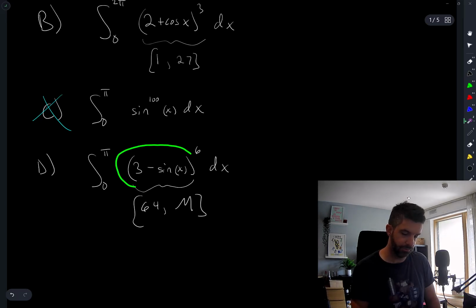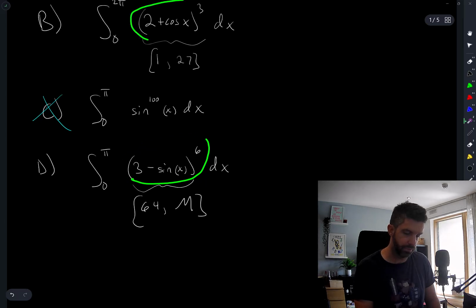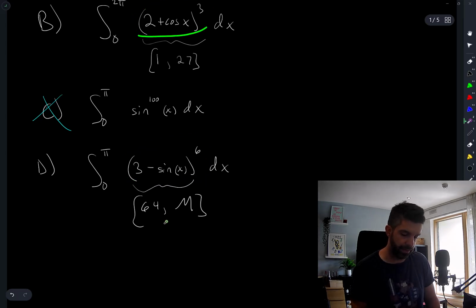The integrand, this function is significantly larger than that function. The minimum value of this function is 64. The maximum value of that is 27.